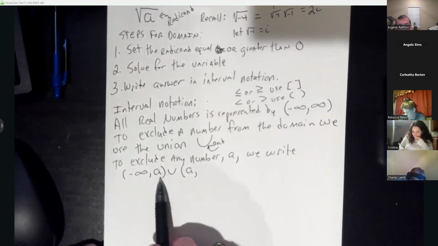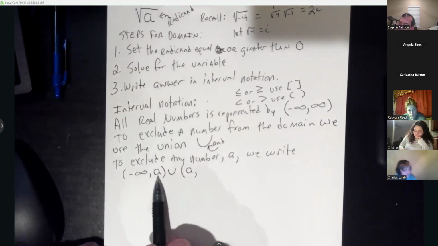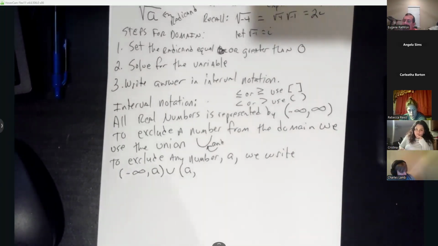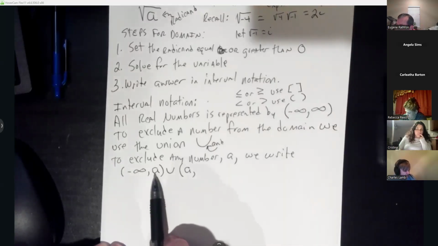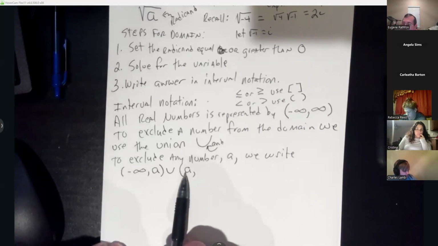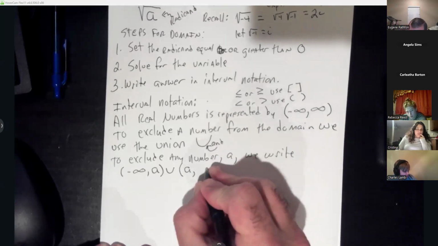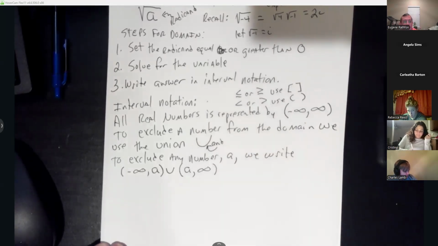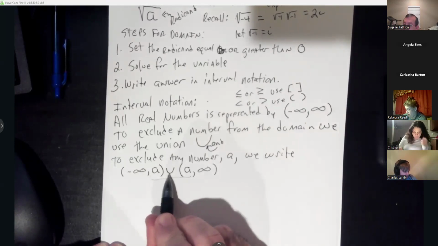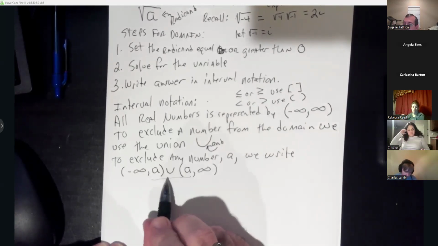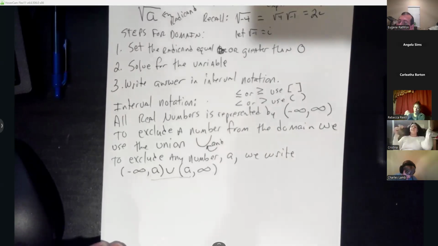Since these parentheses are curved, that means it does not contain A in the domain. It's like we're excluding it since we're using the curves. So you go from negative infinity up to the number, and then you start with the number and you head towards positive infinity. This move, using that union around these numbers, is how you kick a number out of your domain, okay?